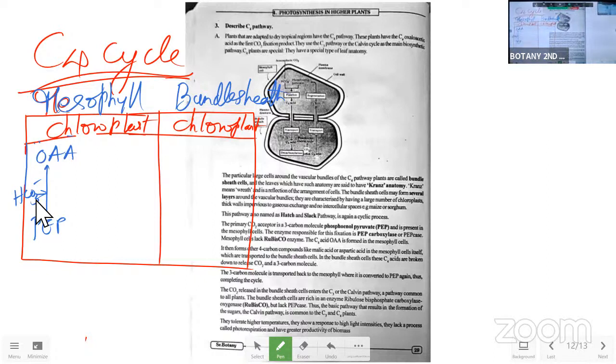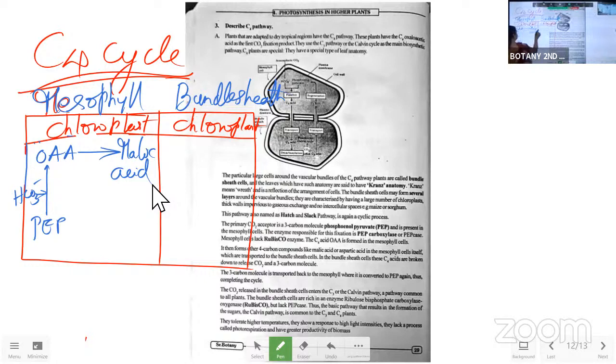In this, the enzyme utilized is PEP carboxylase. Now this oxaloacetic acid is converted into malic acid, and here malic dehydrogenase is the enzyme. Here NADPH2 is oxidized into NADP plus H plus.